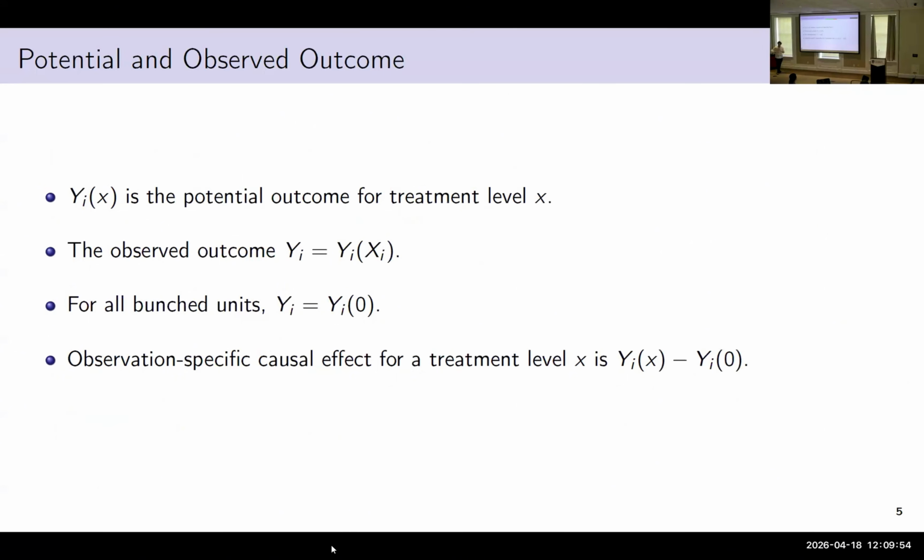So even though there's a lot of variation in this underlying unobservable characteristic X star, all observed outcomes there are the untreated potential outcome. And this will be the implied notation for observation-specific causal effects. So this is a very natural and minimal setup.